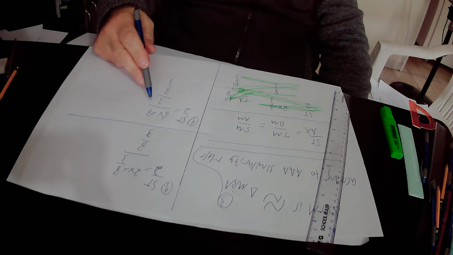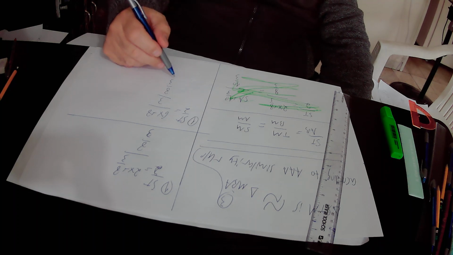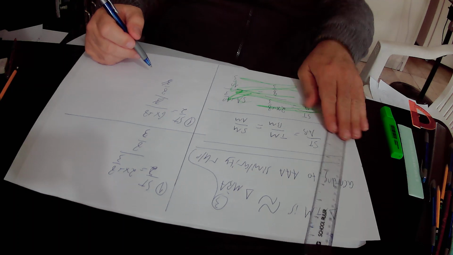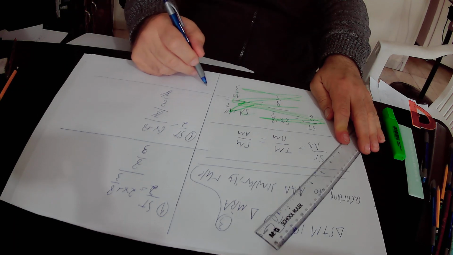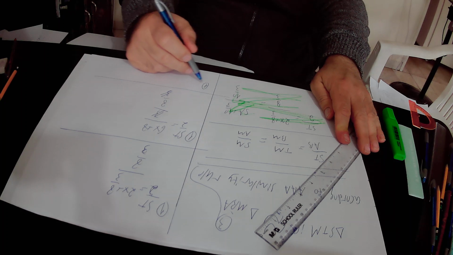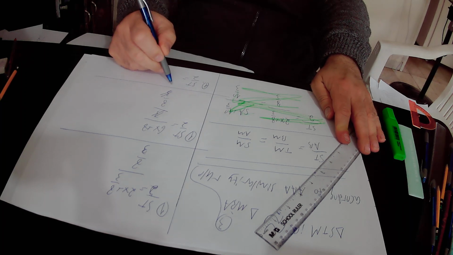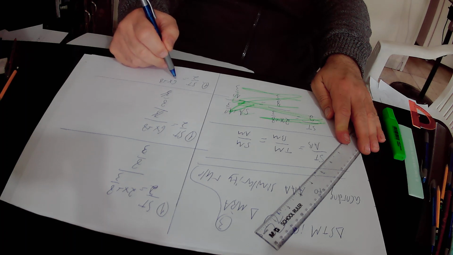So in this side of the equation, we have 3 in the numerator and 3 in the denominator, so 3 will get cancelled, and we're left only with ST over 2 equals 6x plus 8 over 8.